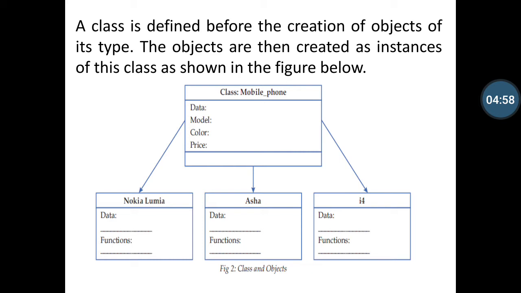The objects created from a class are also called instances, such as the types of mobiles, Nokia Lumia, Asha, i4, etc. And then their data, model, color, price, and functions. These show the class and object relationship.